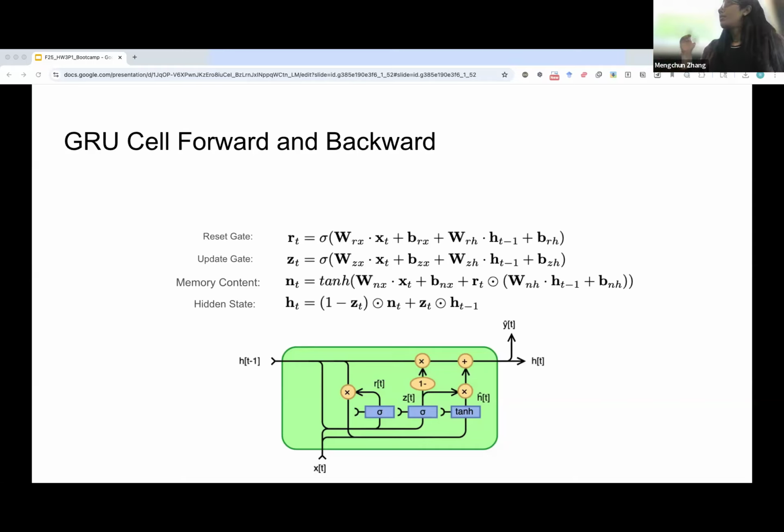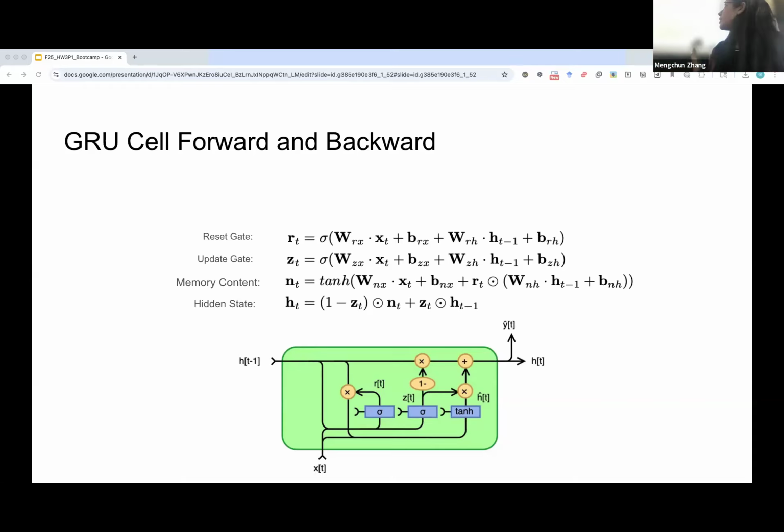GRUs, that is gated recurrent units, are a variant of LSTM with fewer parameters, good performance, and they are significantly faster to compute compared to LSTMs. So you'll be learning this in the homework.